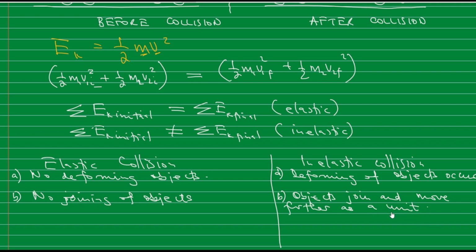They can stick together and move further as a unit. And then finally, kinetic energy is conserved here. That is another difference. So EK is conserved, the total kinetic energy is conserved, but here EK is not conserved.